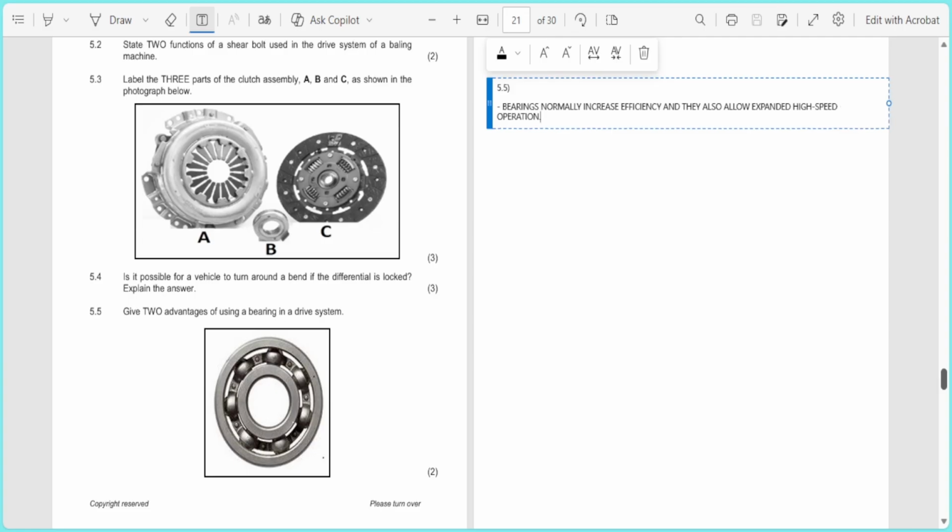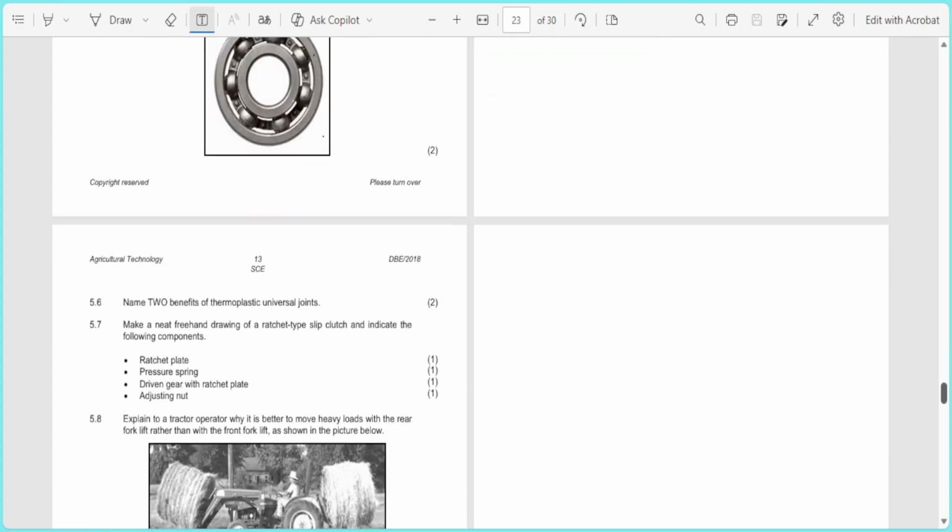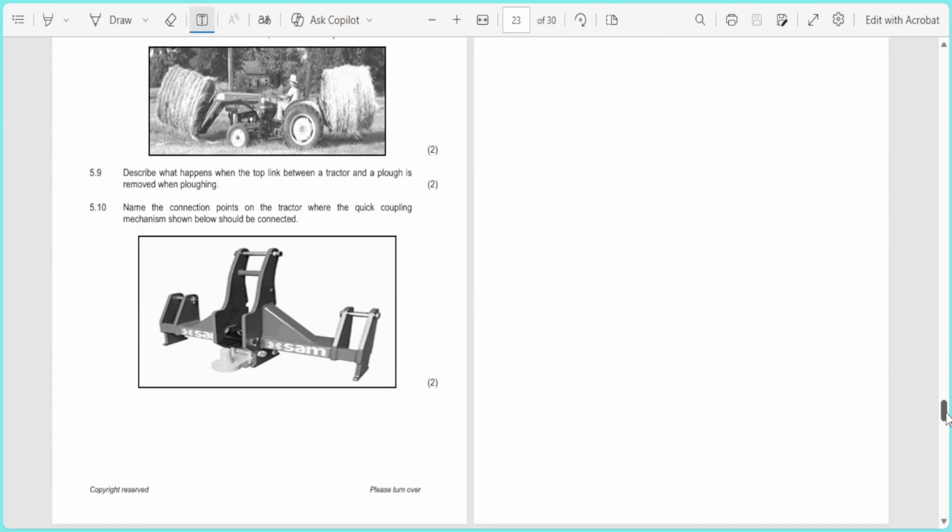These are the two advantages. Without bearings, metals would grind against metal, creating immense friction, heat, and rapid wear of the driving system. So this is a very important thing to have.